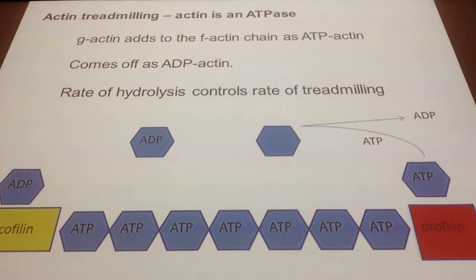Then what happens is that ATP-bound G-actin is going to be added toward the plus end so that polymerization can occur, so that the lamellipodium can be formed, right? So the plasma membrane can extend into the lamellipodium, and obviously profilin will make the whole process more efficient, right?